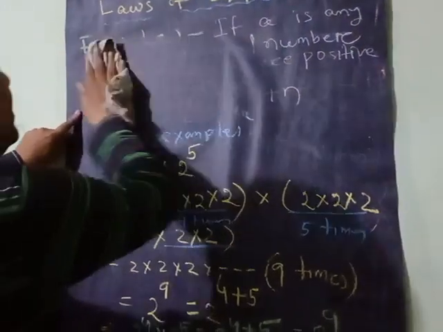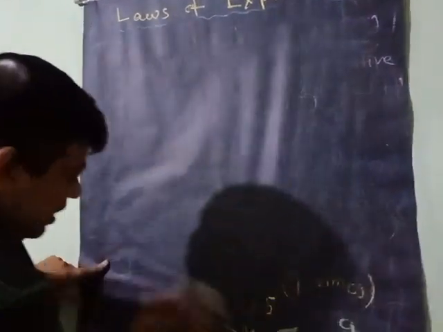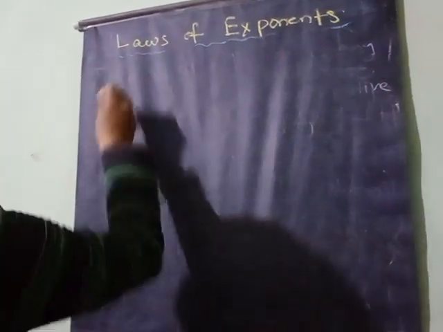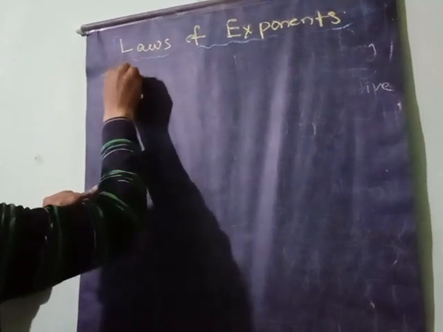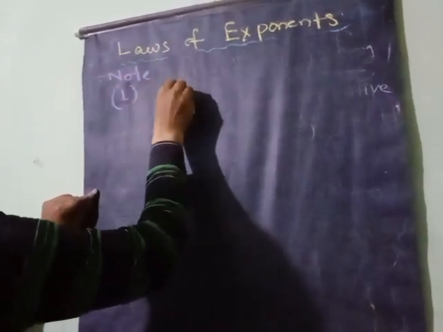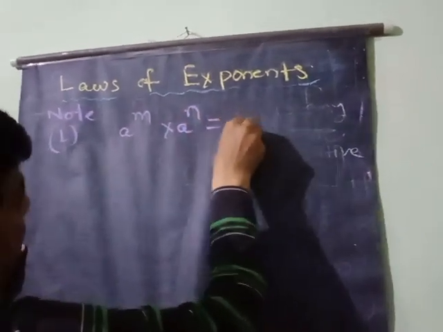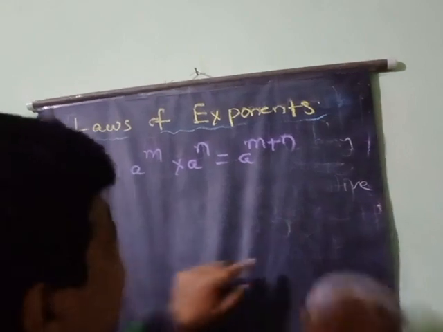Let us see. Now let us write some important notes. What you understood: a to the power m into a to the power n is equal to a to the power m plus n.